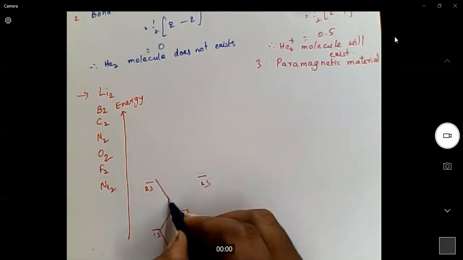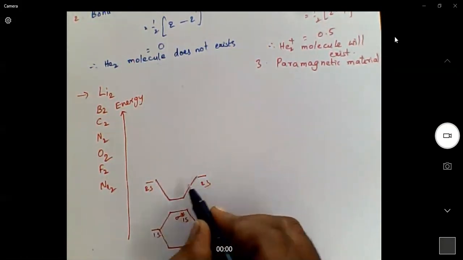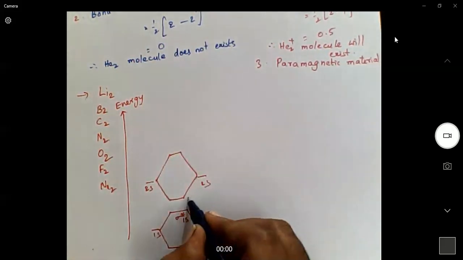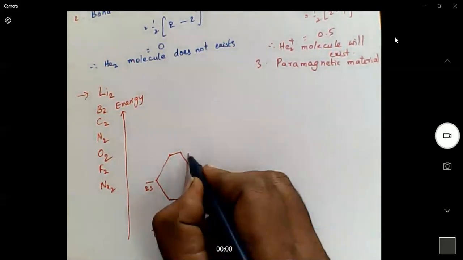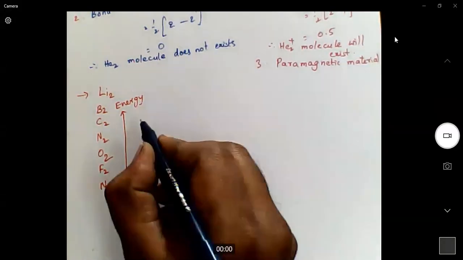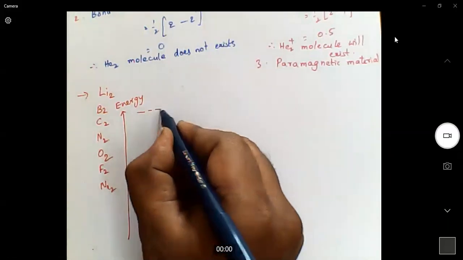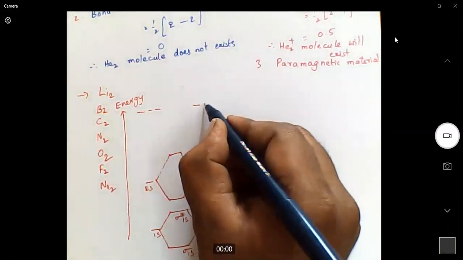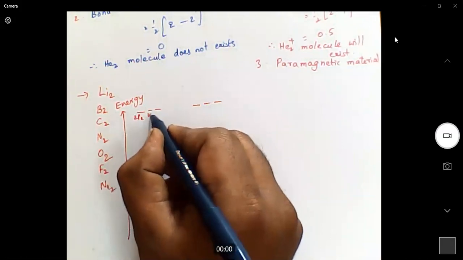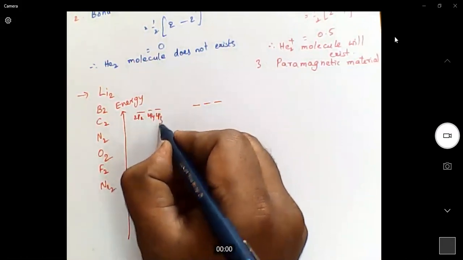Similarly, 2s orbitals also will mix with each other and they will generate sigma 2s and sigma star 2s. And if we have p orbitals also, there are 3 p orbitals, right? 2px, 2py, 2pz.